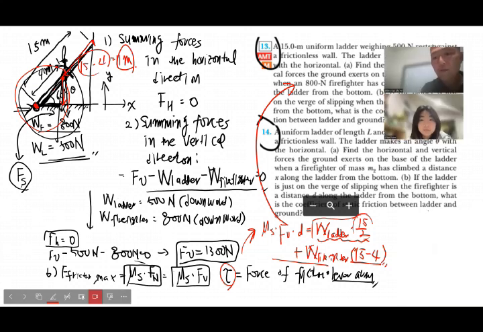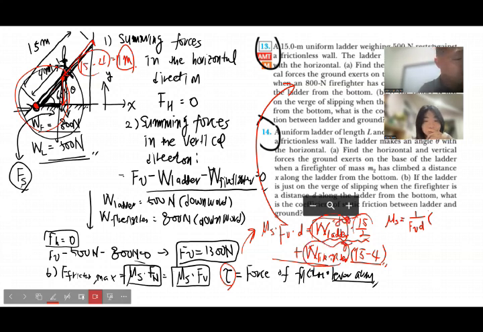So from that, your static frictional coefficient is 1 over F_v times D. This one is 500 Newton, and the weight of the firefighter is 800 Newton.